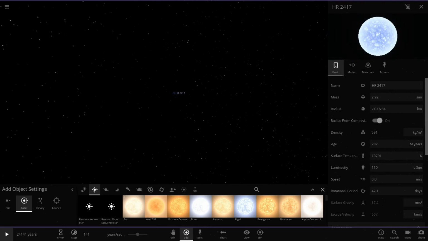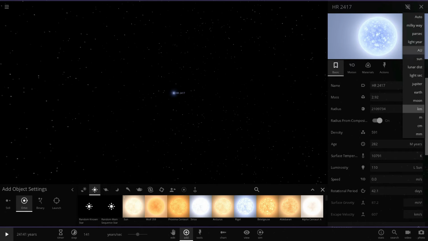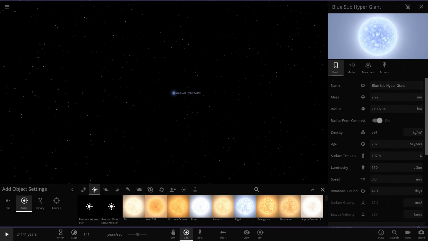Again with this star, a Hablstone doesn't pop up, but this star will now be a blue subhypergiant. I'm going to call it hyper because that's what some of them call them, or I'll just call it a blue giant for now. A blue subgiant.